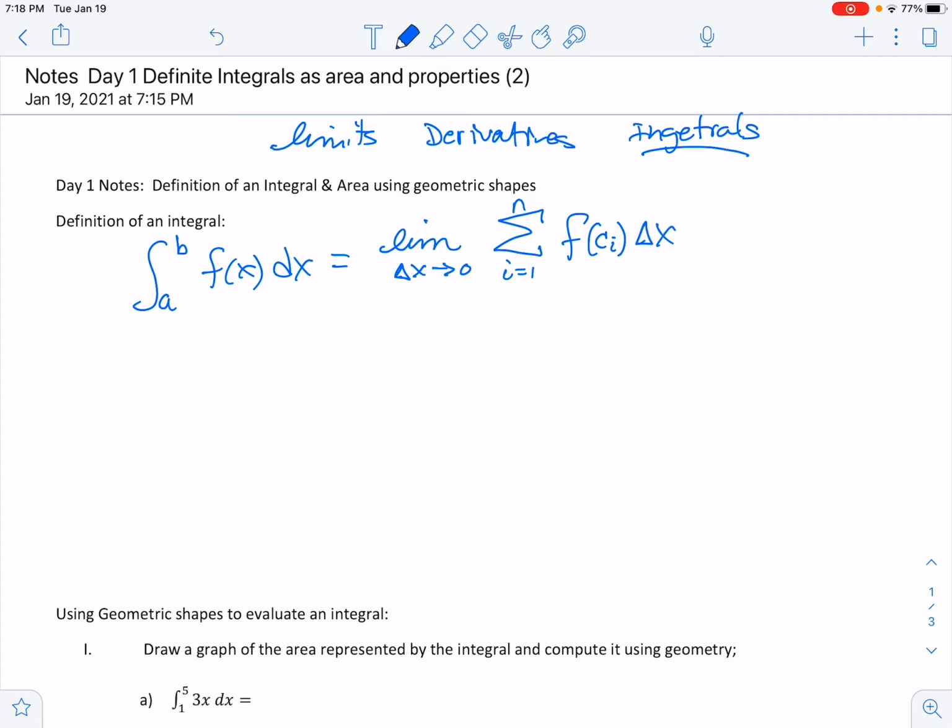That's pretty weird. Pause and write it down, because then I'm going to keep going. Delta x is the width of the partitions, and n is the number of partitions.